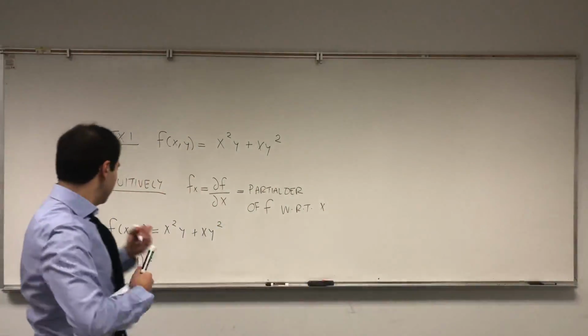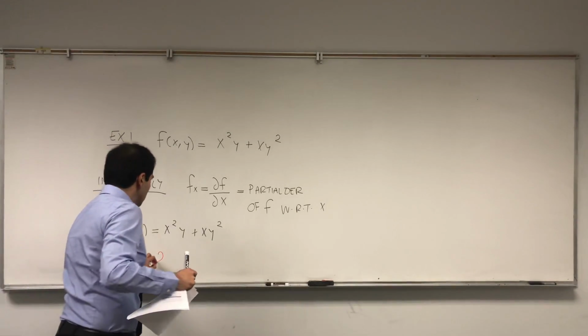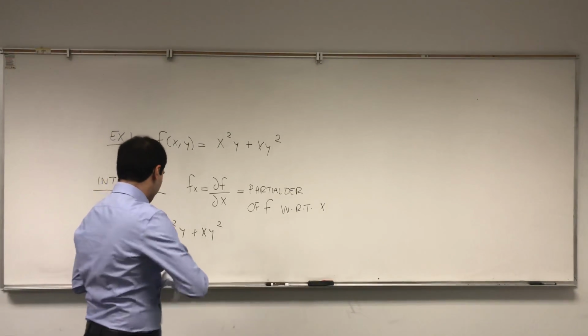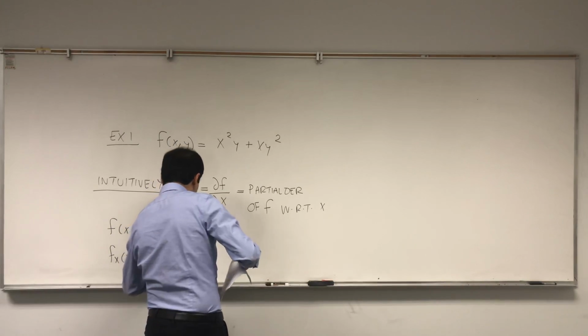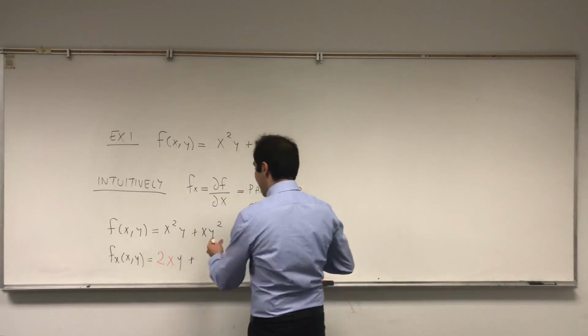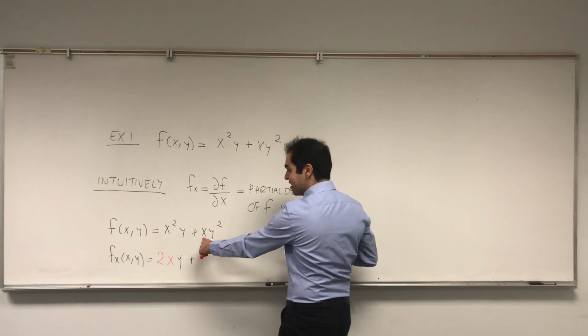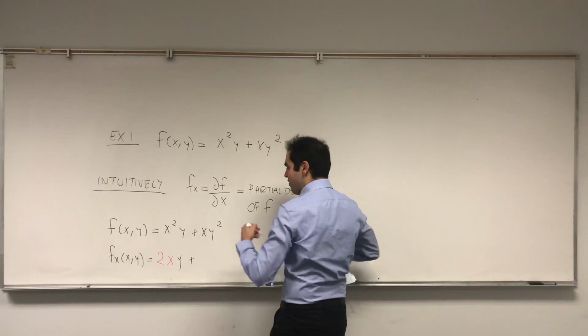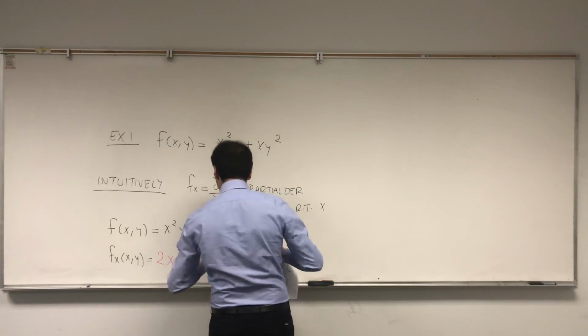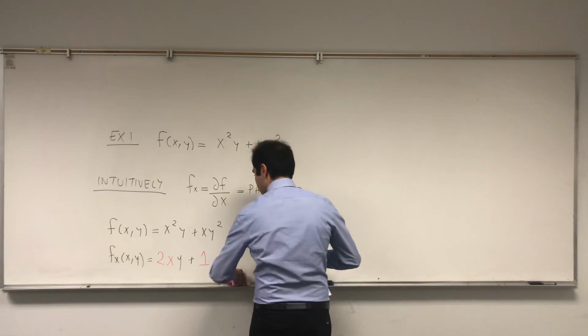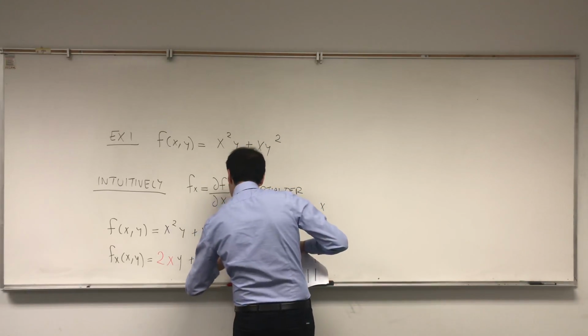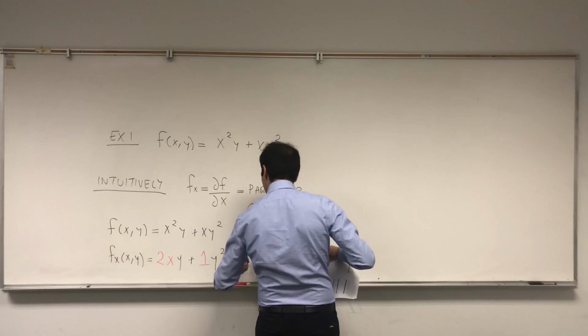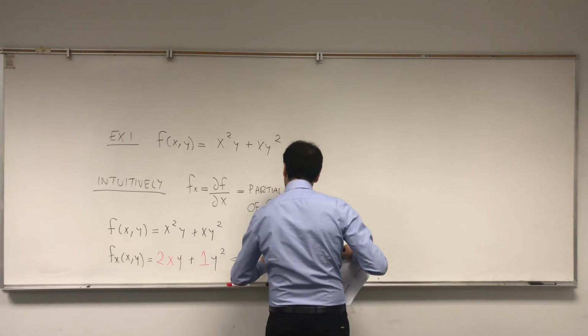So f_x, in that case, becomes 2xy, and then you differentiate this with respect to x, so just with respect to that variable, so it becomes 1 times y squared. And that, in the end, you get 2xy plus y squared.